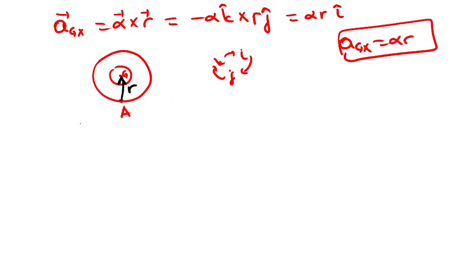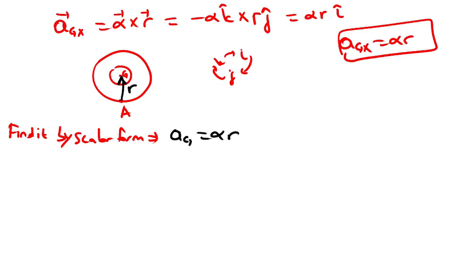This is by vector. You can also find it by scalar form. How do we do that? So again, a_G is alpha into r, and alpha is clockwise, so it means that a_G must be in the positive direction.